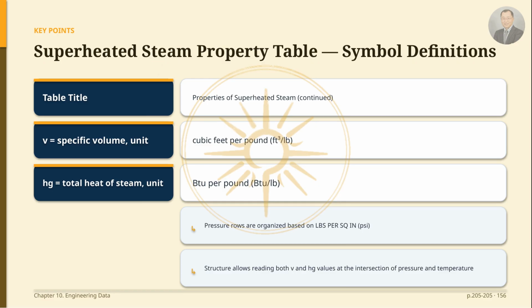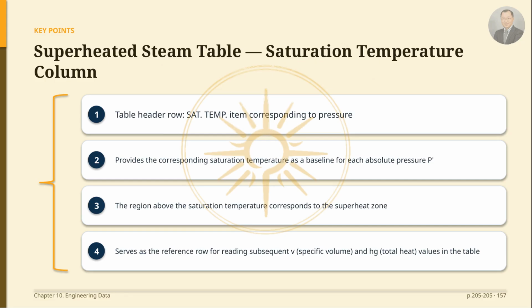The rows of the table are divided by pressure in pounds per square inch, or PSI, and it is designed so that you can read both the specific volume V and total heat Hg at the intersection of each pressure and temperature. Therefore, given any operating pressure and steam temperature, you can simultaneously check the volume and heat in the corresponding cell.